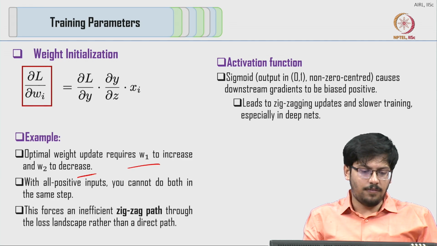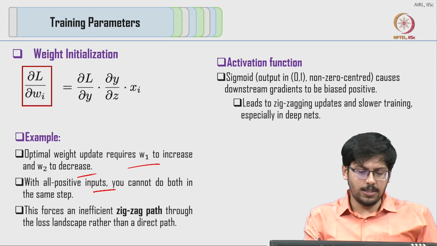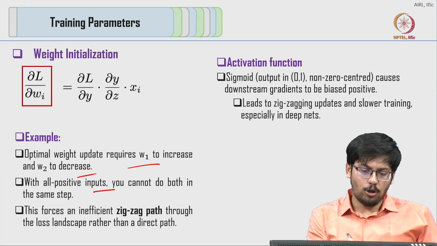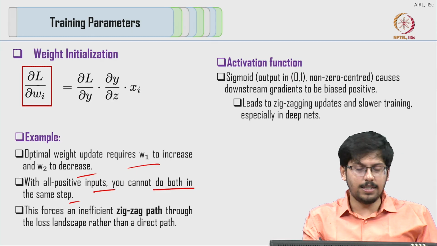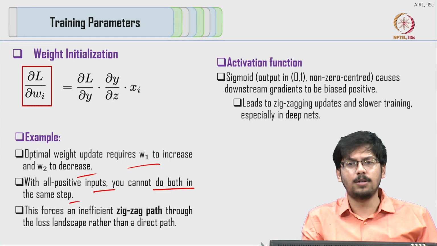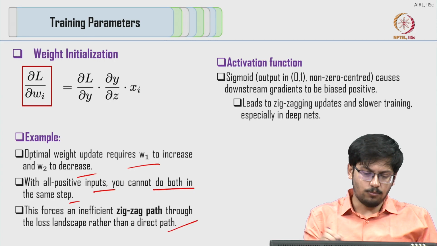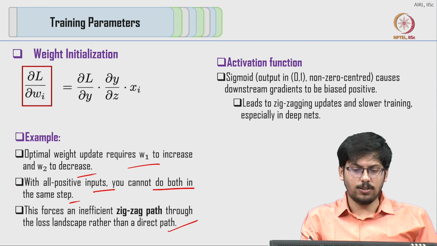If the inputs are always positive, we may not always be able to get the most optimal learning path, since you cannot do both, which is increase and decrease different weights in the perceptron model simultaneously. This would lead to a zigzag path in the loss function.